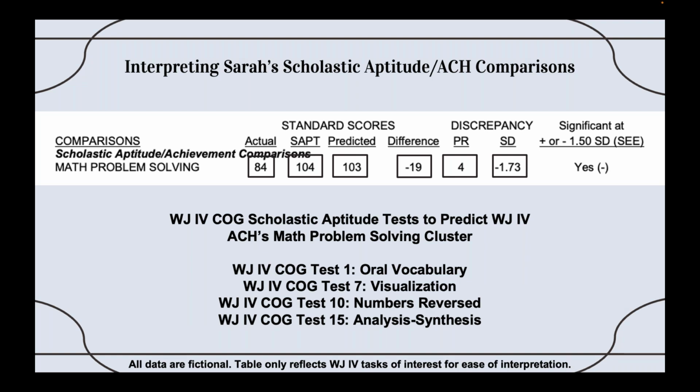And we can also see that there's statistical significance because that discrepancy SD of -1.73 exceeds the threshold that we set in Riverside Score of -1.50. So this gives us a lot of great information to say that based on her cognitive aptitude, Sarah should have been able to demonstrate higher levels of achievement than she did in the area of math problem solving.